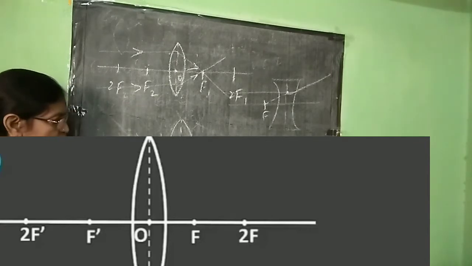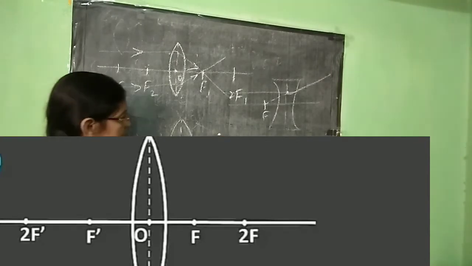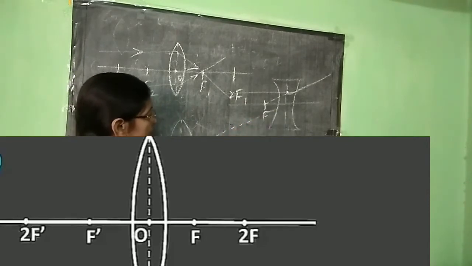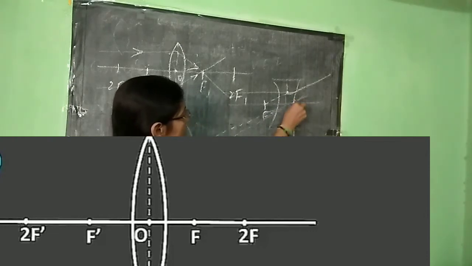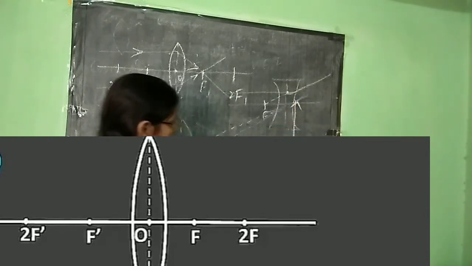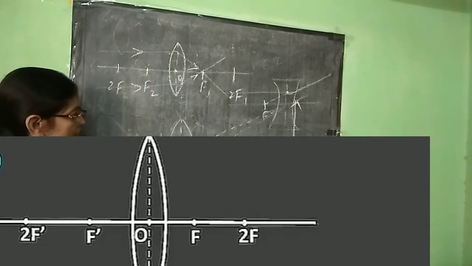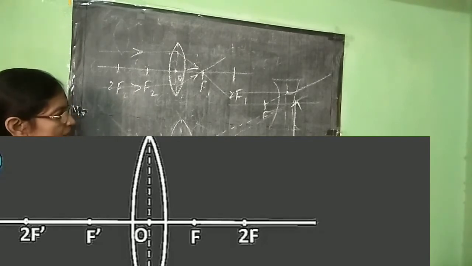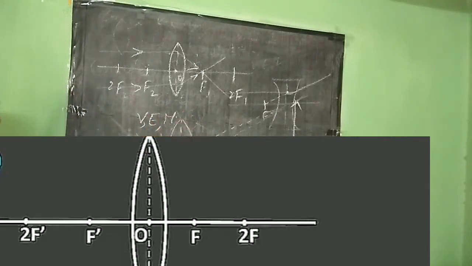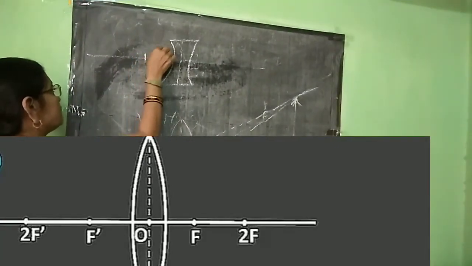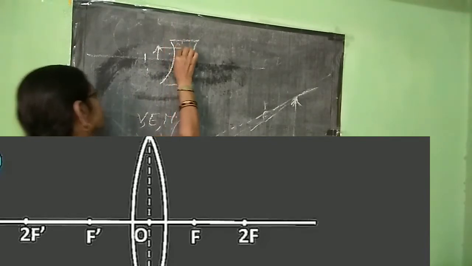Now where the image should form, you extend these two lines and see where they meet. So a highly magnified, virtual, erect image will be formed in the case of a convex lens.